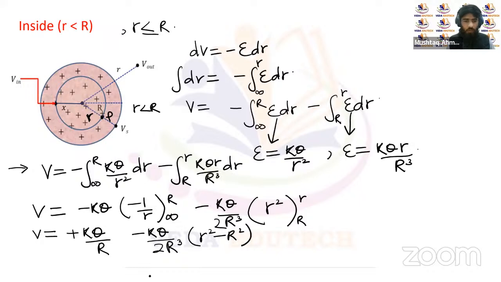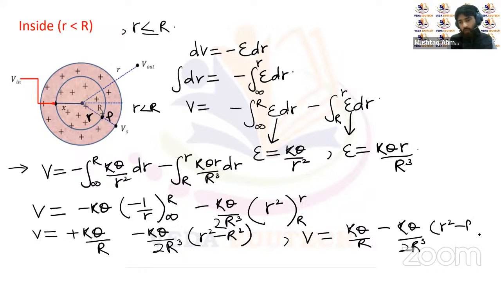So this will be the final potential: KQ over R minus KQ over 2R cube multiplied by r square minus capital R square. This will be the final potential for the inside region at any point at a distance of r from the center of this sphere.